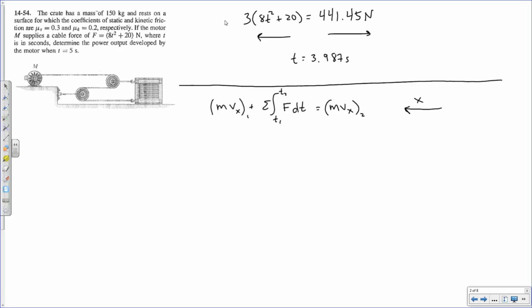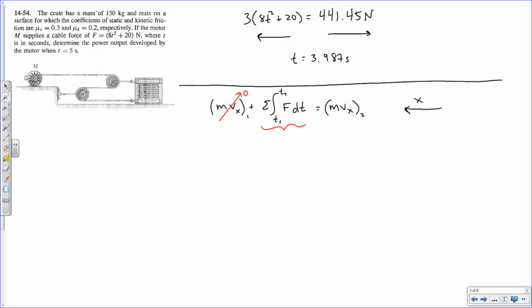What we recognize is that initially, this crate is not moving. So that first term goes to 0. It has 0 momentum. So if that first term goes to 0, then we have to focus our attention on this impulse term, which is considering all the forces that exist in this x direction and integrating all those forces over the suitable period of time.